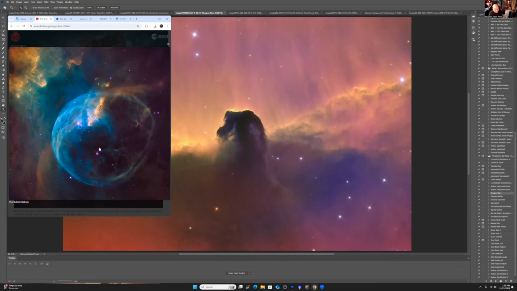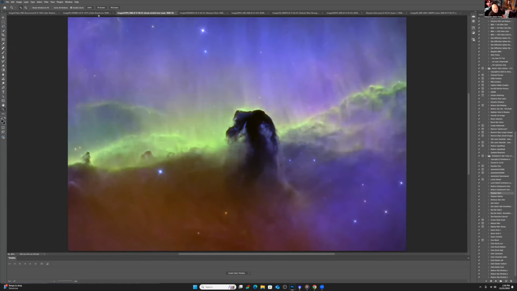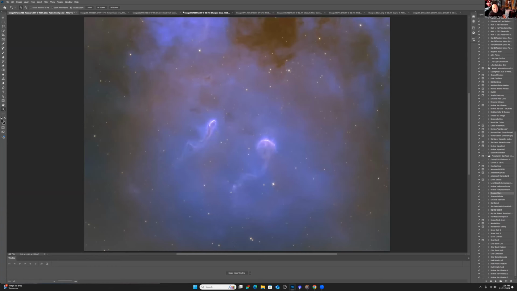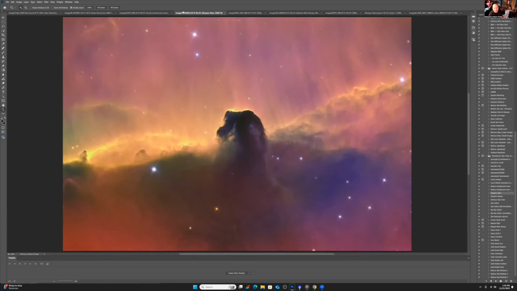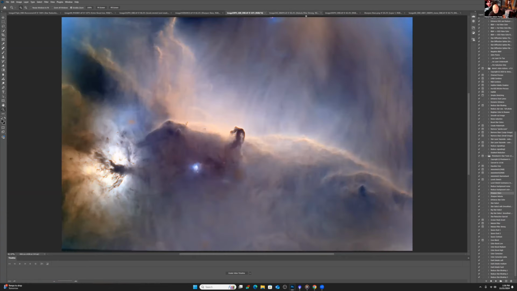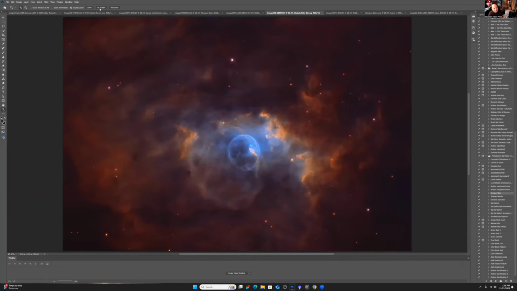And if you look closely over here, on the left-hand side of the image, at the top of the bubble, that's a star that creates all this havoc around. Okay, yeah, that purple star on the left. And in my image of that specific target, I'm having a hard time finding it over here. Okay, so we got it.